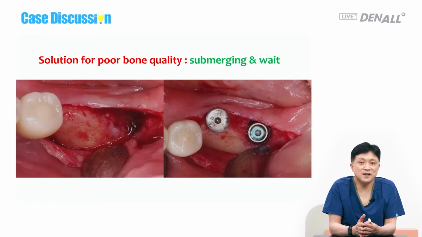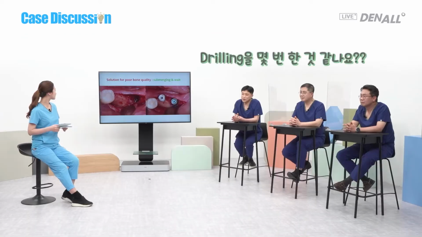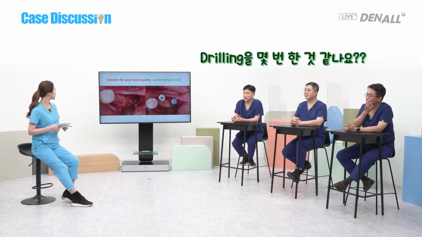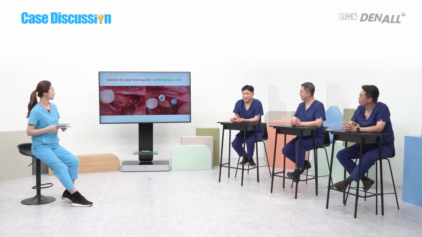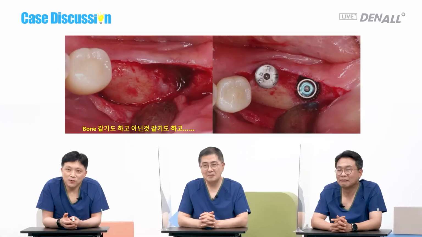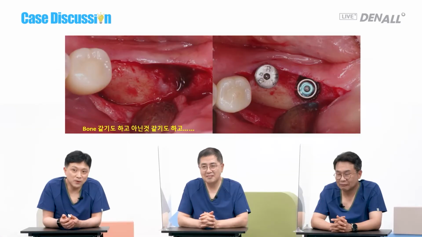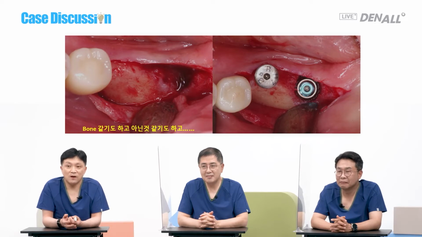It is opened. Number 6 is not a problem, but number 7, how many drillings have I done, do you think? Not at all. I did the drilling, as you can see. It looks like bone. Maybe not. It disappeared as I touched it, so I try not to touch it.